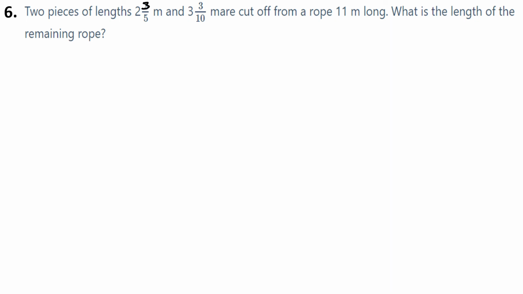So write the solution here. The remaining rope is equal to the total length of the rope minus the sum of the two cut pieces.